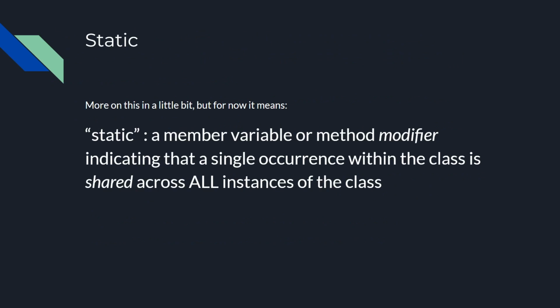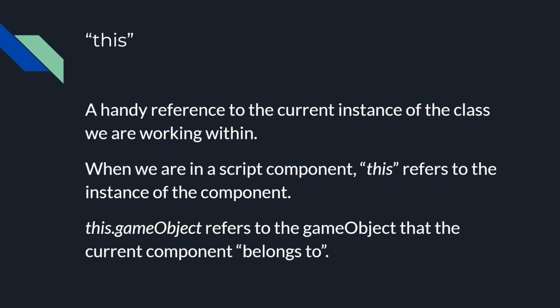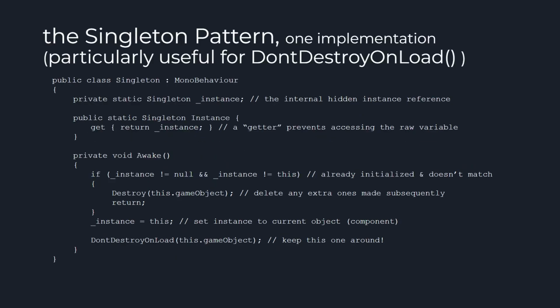right? Static is basically a member variable or method modifier that indicates that you can only have a single occurrence within the class which is shared across all instances of the class. So I might have 15 game objects that each have a singleton component on them, but all 15 of those singleton components, they don't have their own underscore instance.